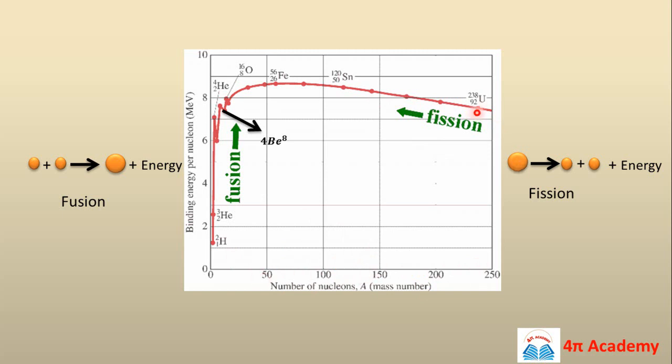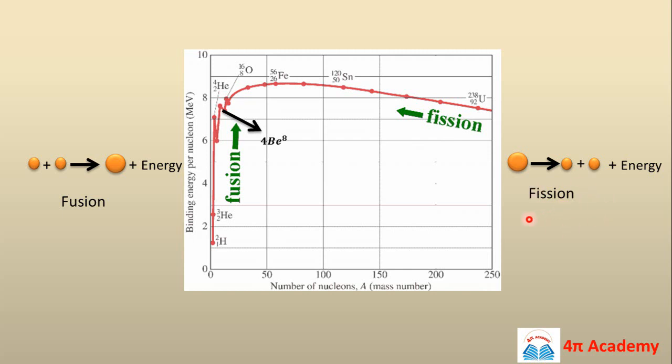So when uranium-238 converts into two intermediate nuclei, the nuclei fall in this intermediate region, and obviously the binding energy per nucleon for the products will be higher as compared to uranium, and also some amount of energy is released. This nuclear transformation is known as nuclear fission.